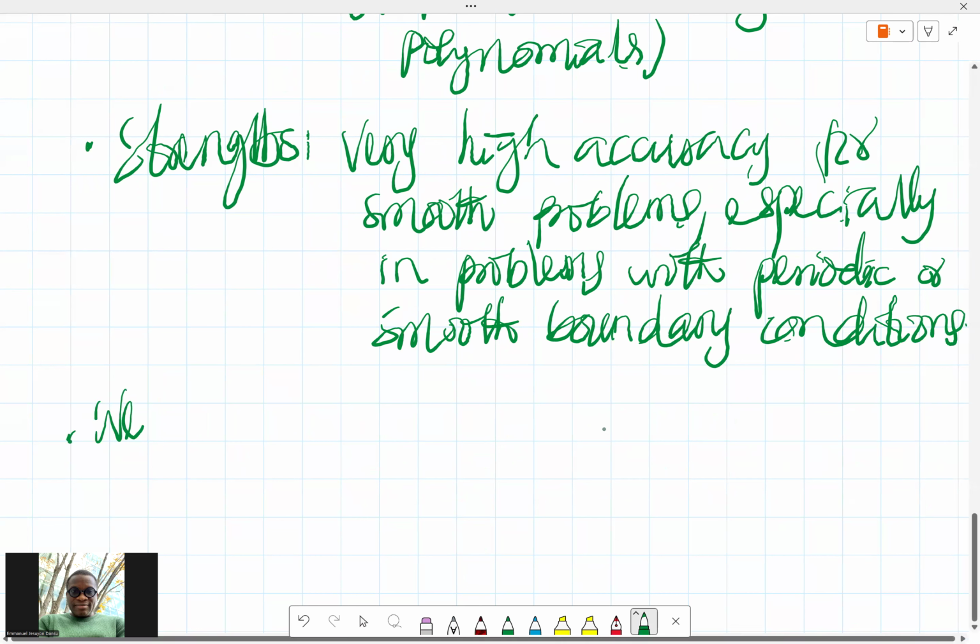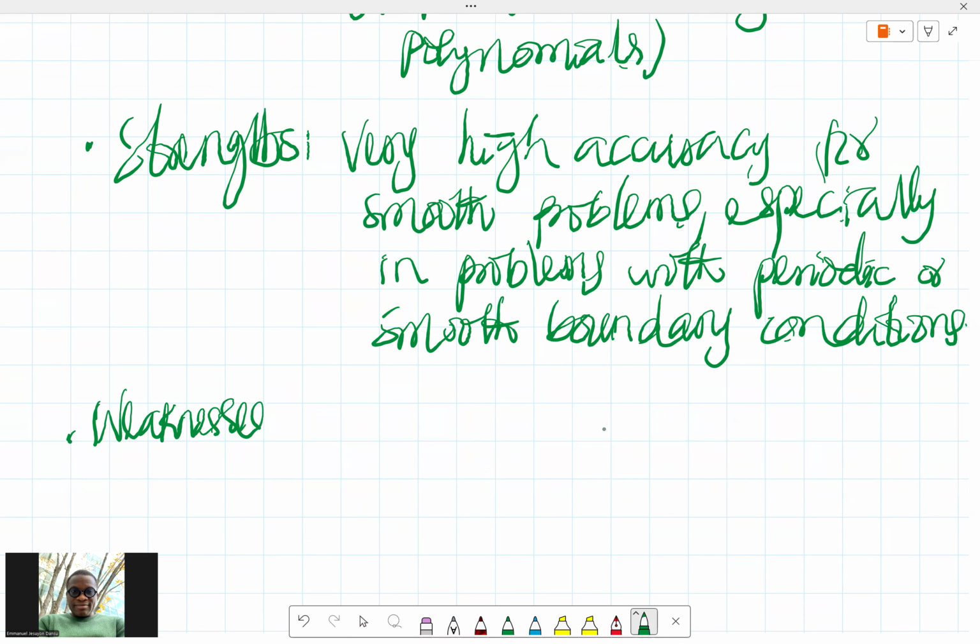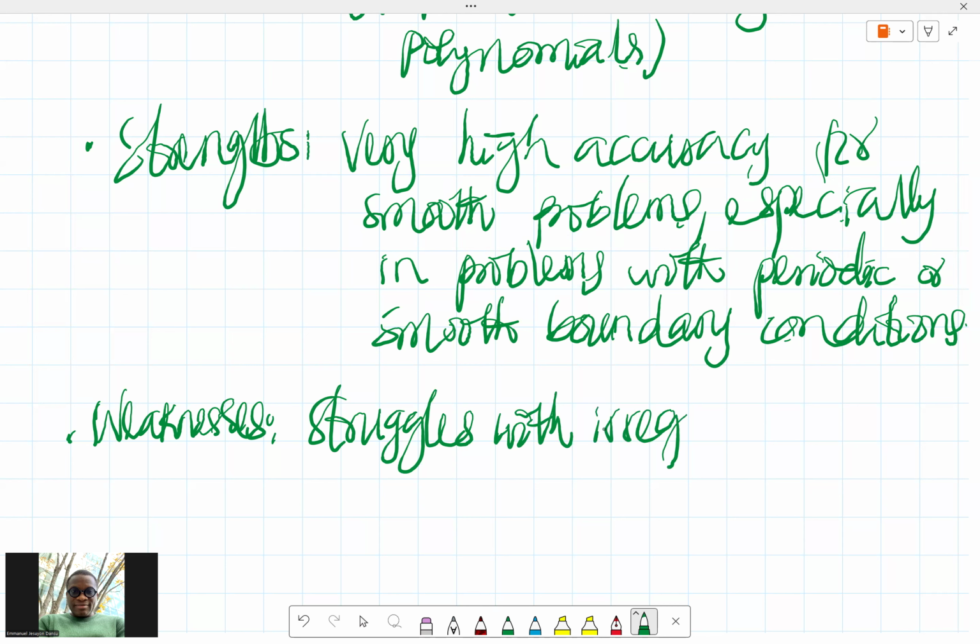Then the weaknesses of the spectral methods. It struggles with irregular domains or discontinuities.